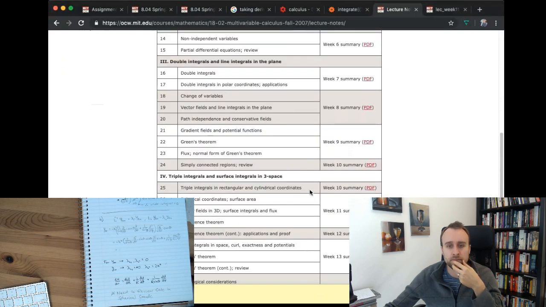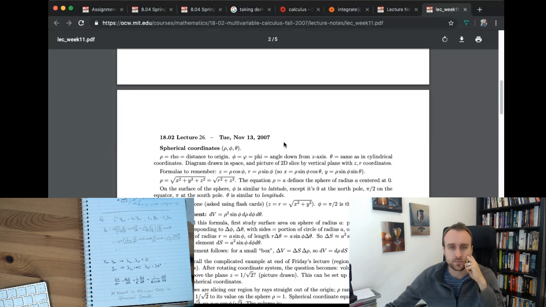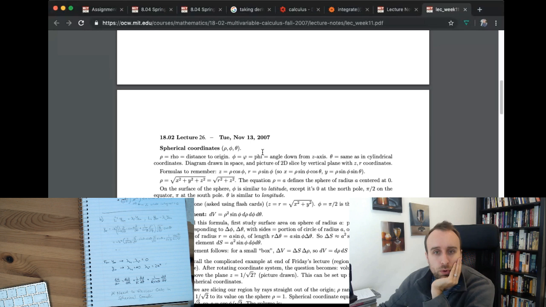I might have to look at divergence and curl again. Some of these ideas are a little bit fuzzy, so let's just look at it. Spherical coordinates: rho, distance to origin; phi, angle down from the z-axis; theta, same as in cylindrical coordinates. Diagram drawn in space and a picture of a 2D slice by vertical.